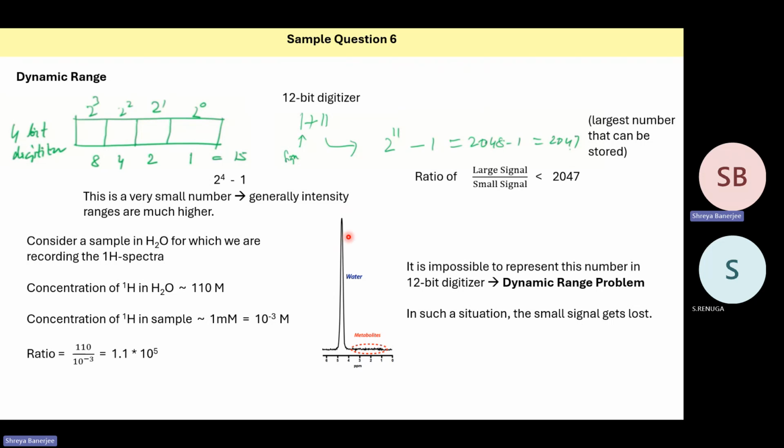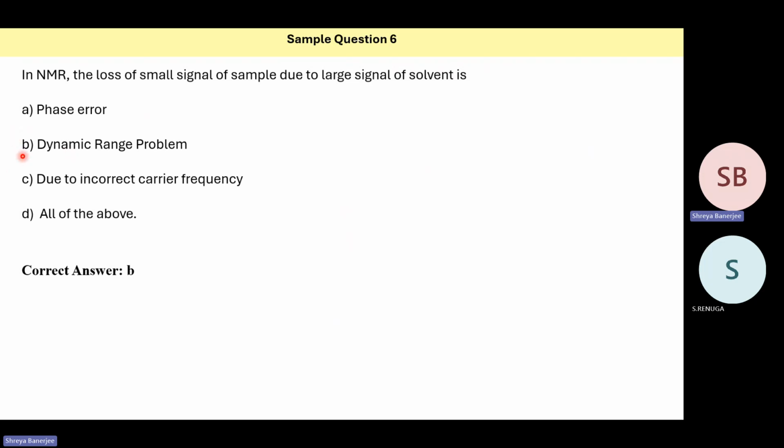But the intensity ratio of water is so much higher than the intensity ratio of the sample that the sample signal completely disappears. So this is called dynamic range problem, which is your option B. And if it was asked how to solve this, then this would have been solvent suppression.